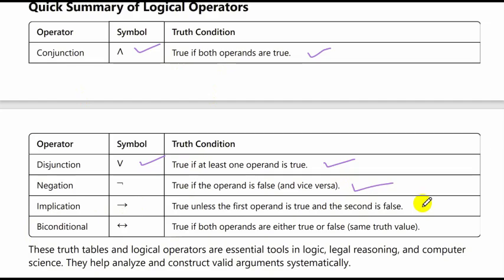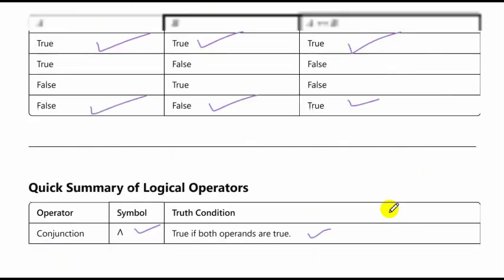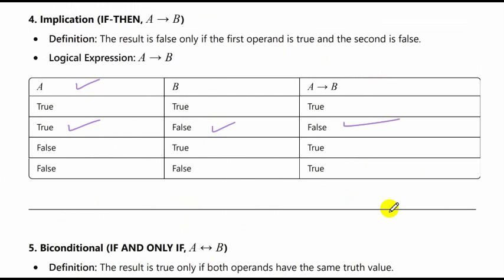In implication, it is true unless the first operand is true and the second is false. Let's just recap this one of implication. Implication states that if the first operand is true and the second is false, then it becomes false.